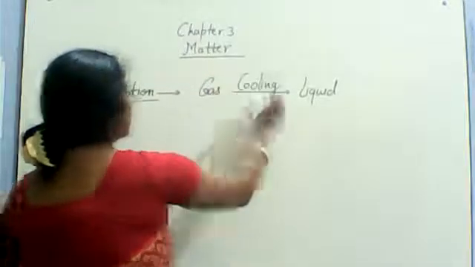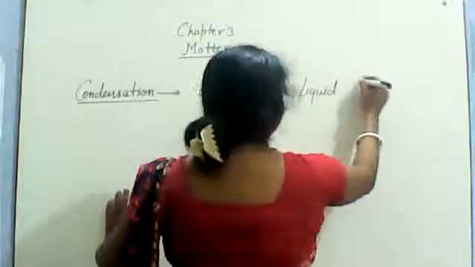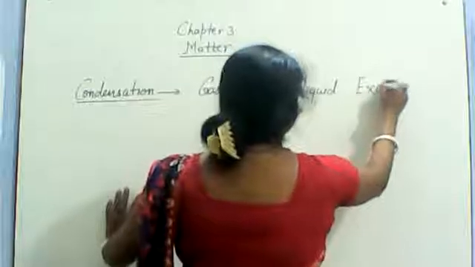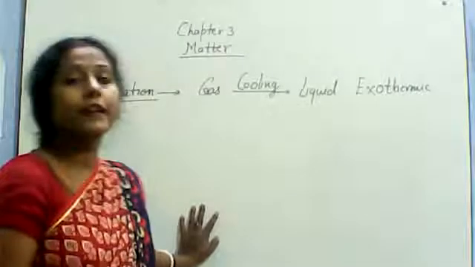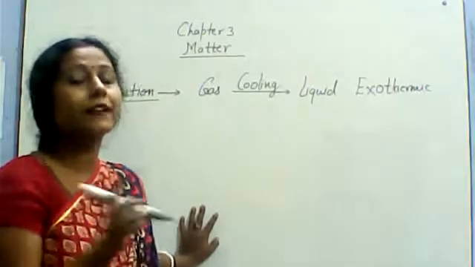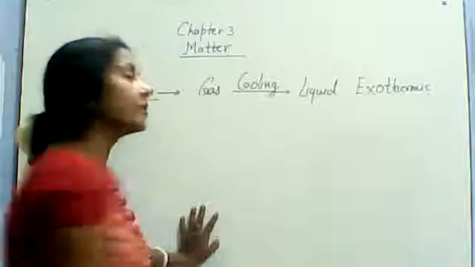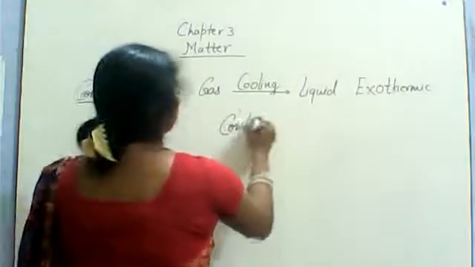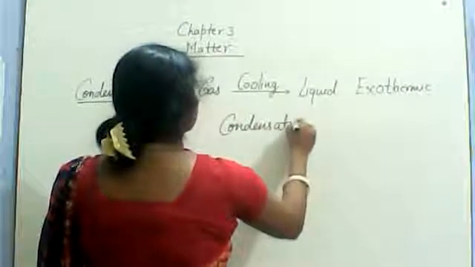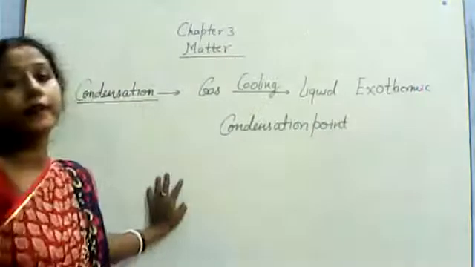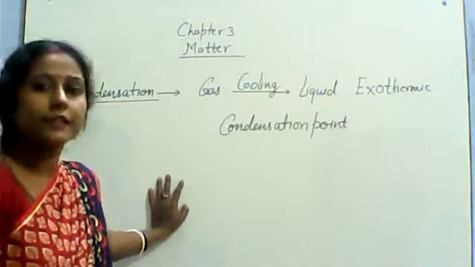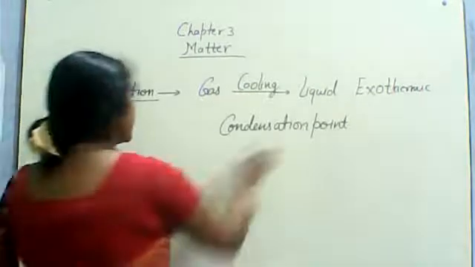And it always releases heat. That is why it is an exothermic process. It also happens at a constant temperature, and that temperature we call the condensation point.